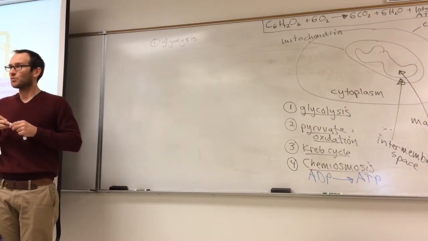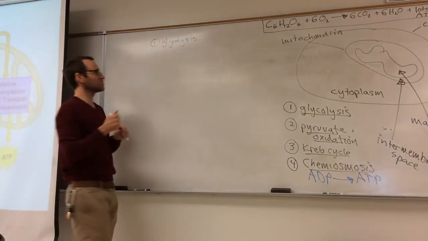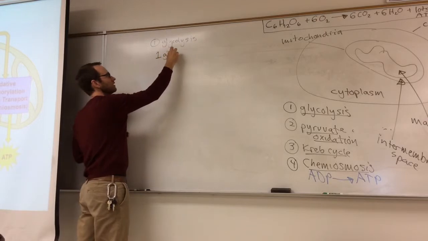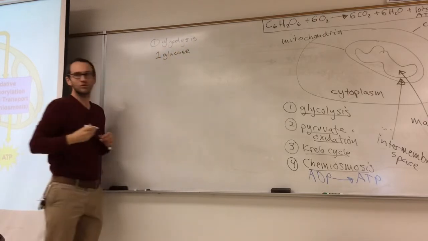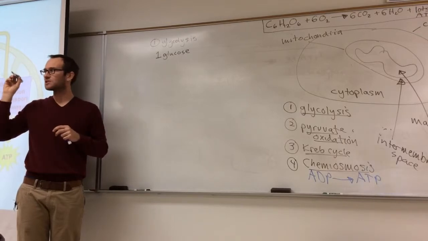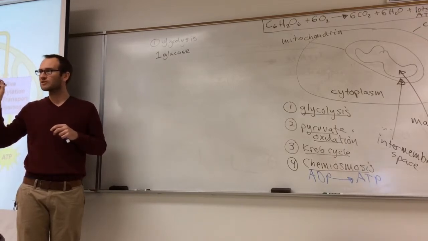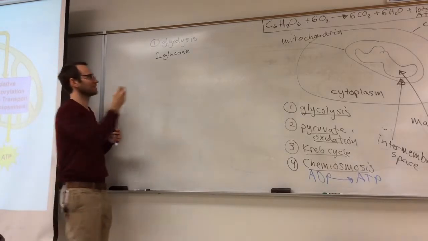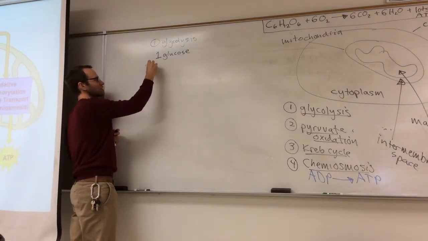And so what happens in glycolysis is we take one glucose, which I'm going to illustrate with little black blobs to indicate each carbon. All right, I can't think of a better way. So if you imagine, here's glucose.